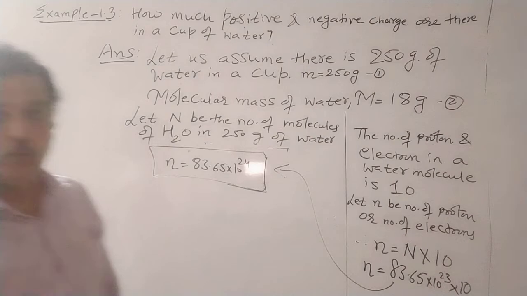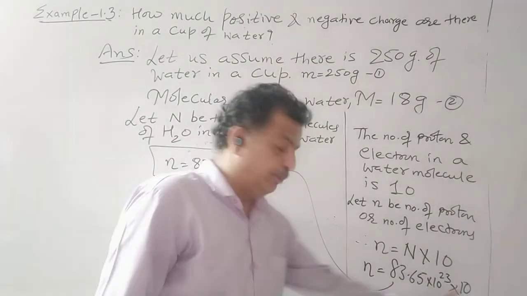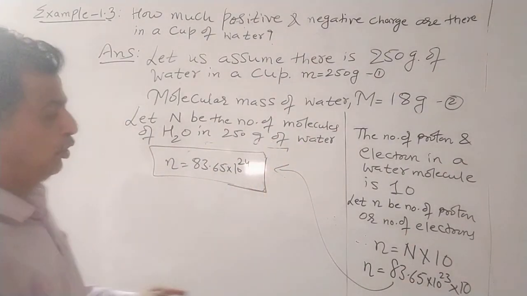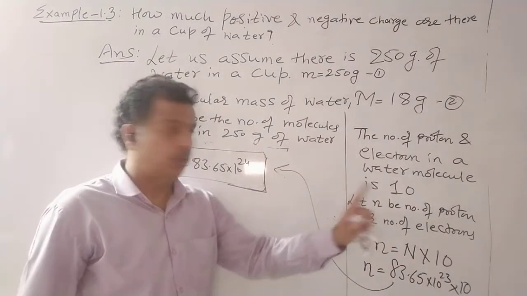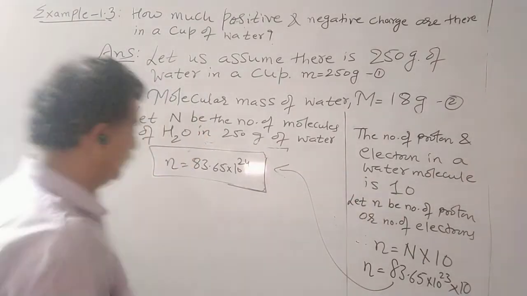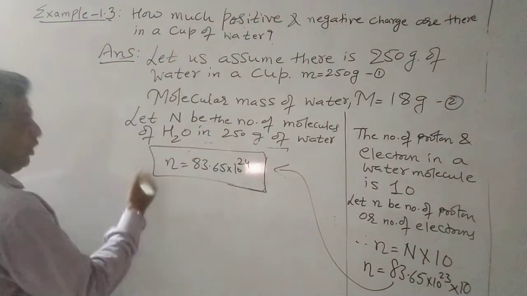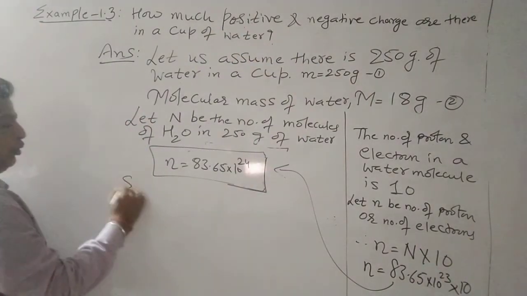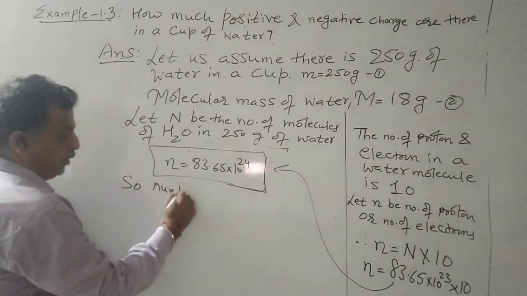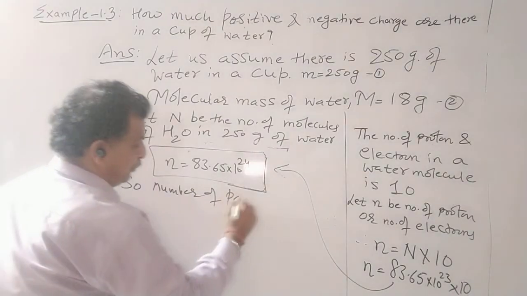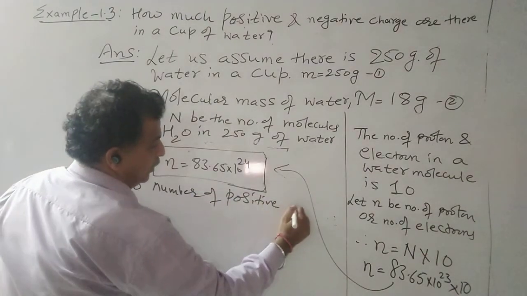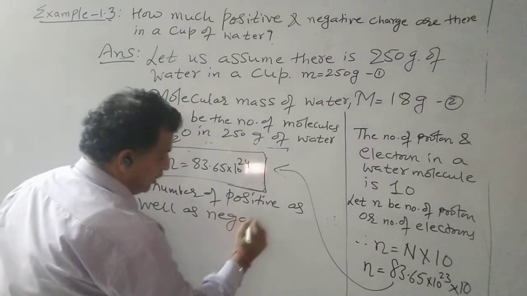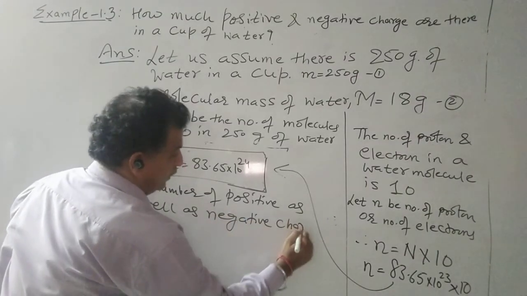So small n is equal to the number of molecules multiplied by the total number of protons or electrons in a water molecule. So in one water molecule we have 10 protons or 10 electrons. So total number is this. Now we need to find out how much positive and negative charge there are. So the number of positive as well as negative charge, both are equal.